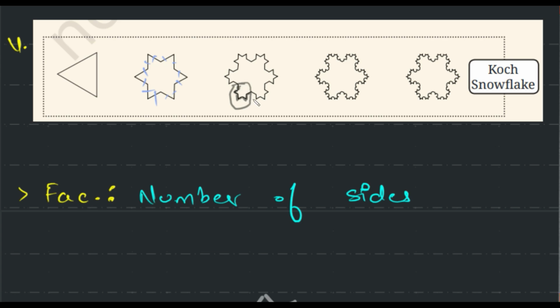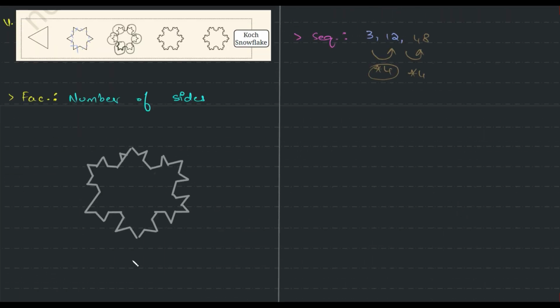So each of these has 8, and there are 1, 2, 3, 4, 5, 6. So each of this circle has 8 small lines, and there are 6 of them. So 6 8s are 48. So we got it right, and so our number will be 48, and so on and so forth.